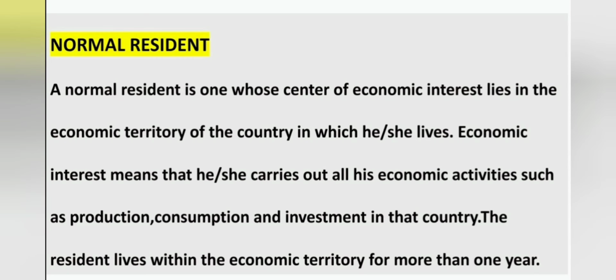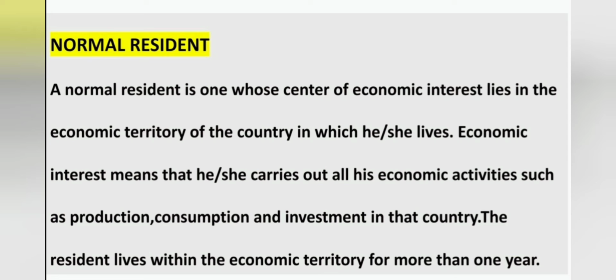Next term is normal resident. A normal resident is one whose center of economic interest lies in the economic territory of the country in which he or she lives. Now you know the meaning of economic territory. Economic interest means that he or she carries out all his economic activities such as production, consumption and investment in that country.